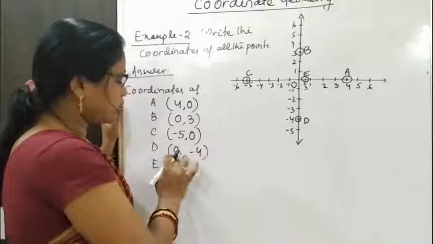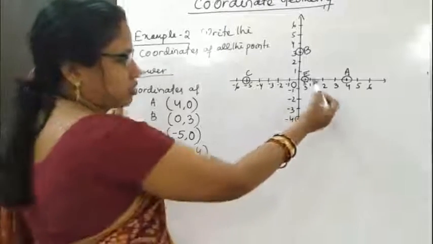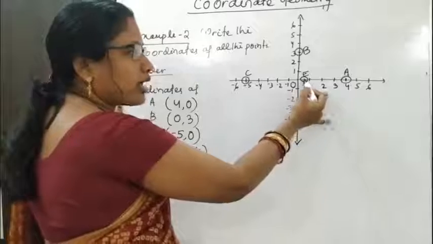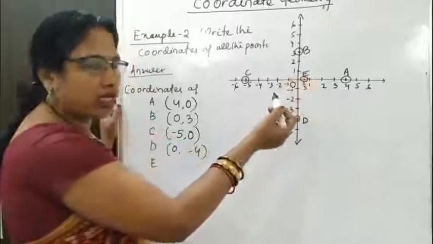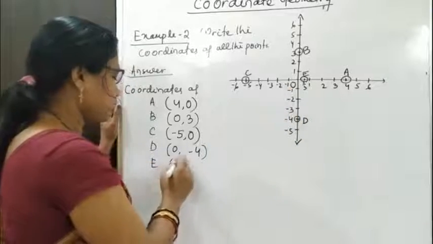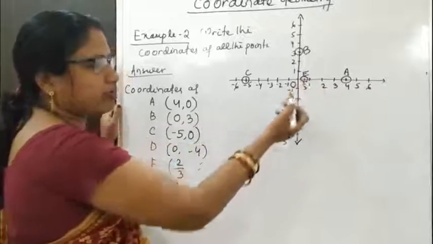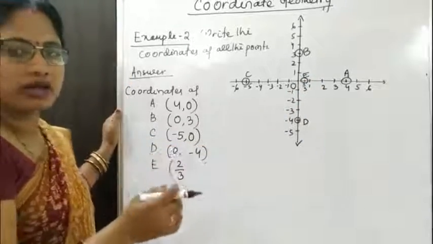So D has coordinates 0, minus 4. Then come to point E. Here it is given that this is 2 by 3. So the perpendicular distance of E from the y axis is the x coordinate, that is 2 by 3. Then the y coordinate of E is 0 because E lies on the x axis.